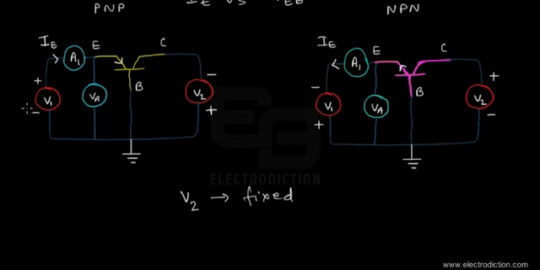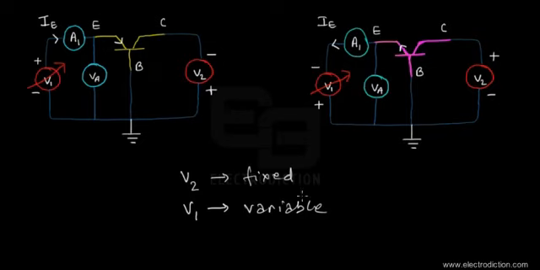So we are going to keep V1 as a variable voltage source in both the cases. So we're going to vary V1. And by varying the V1 voltage over here, the emitter current that's given by IE would also vary.